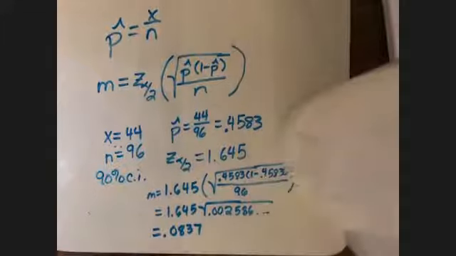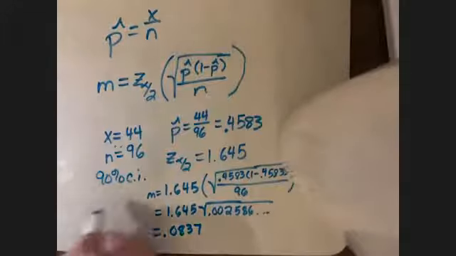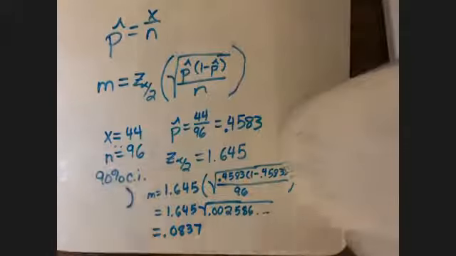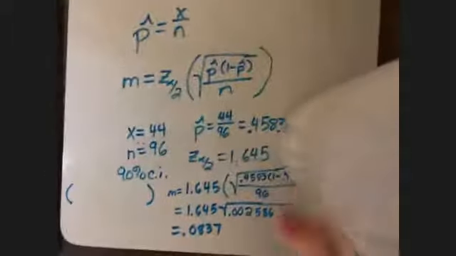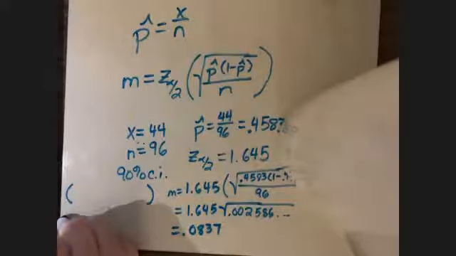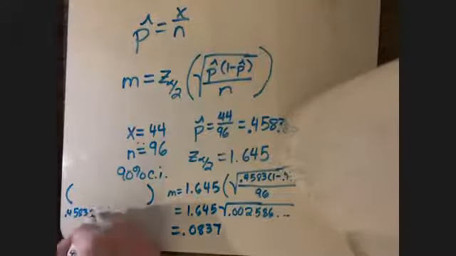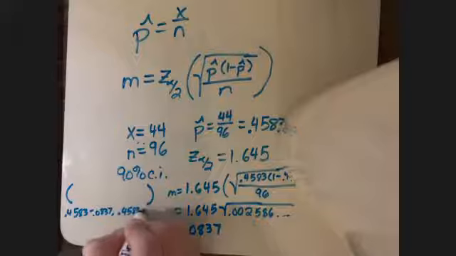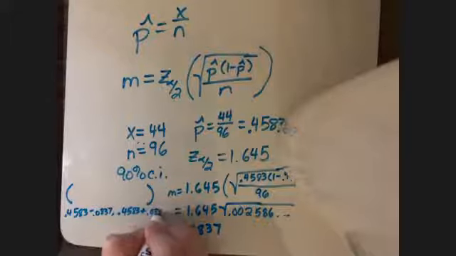So now, if I want to build my confidence interval, same thing that we've done before, we're going to have 0.4583 minus that 0.0837 and 0.4583 plus that 0.0837.